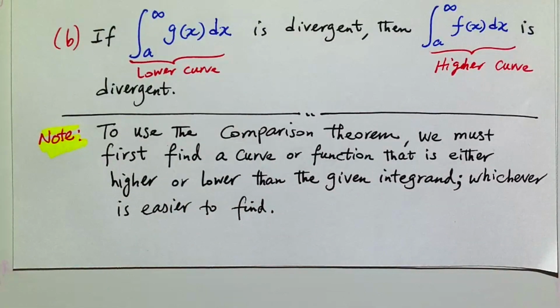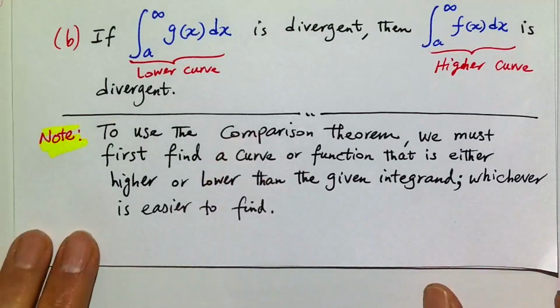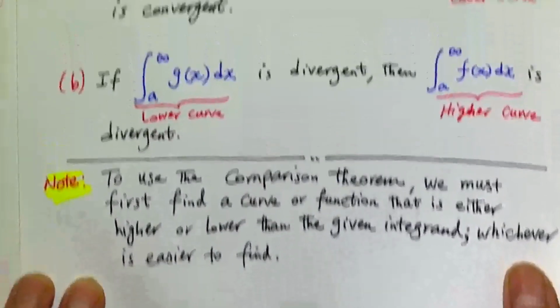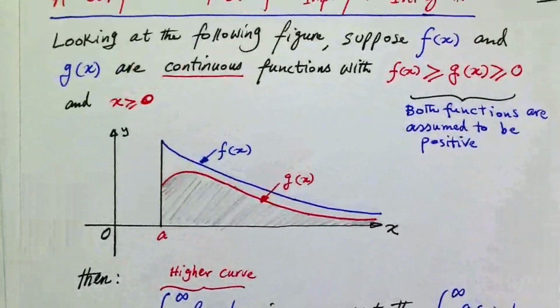It doesn't make any difference. The function or curve we're finding could be either higher or below the function we have to integrate. As long as it's easier, whichever is easier, we find that. So let's look at a couple of examples of application of the comparison test.